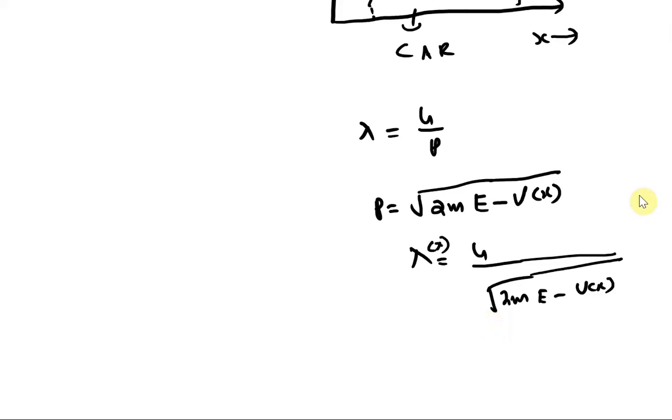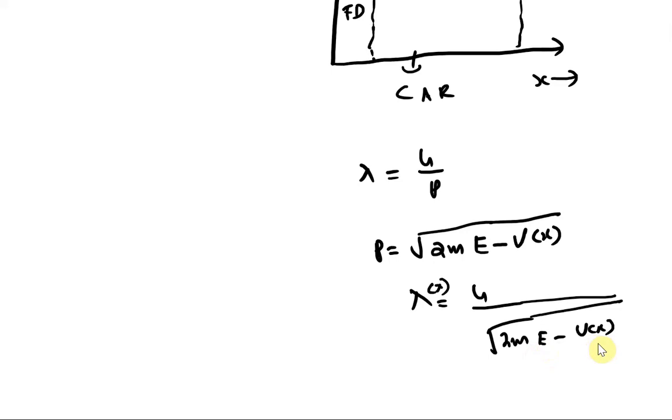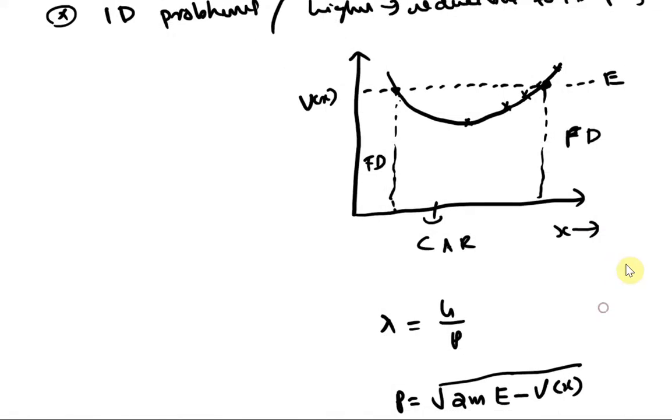It can vary depending upon x. So at an instant, if I calculate this lambda corresponding to this point, for example, I get my lambda value for a particular problem, this much. So this is my lambda.